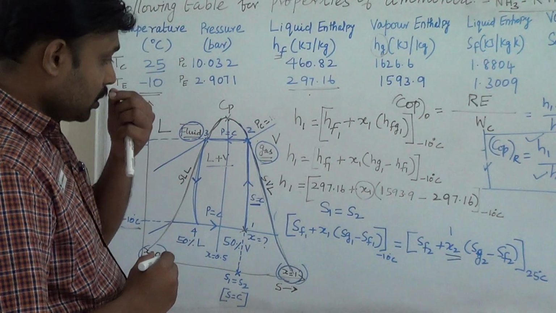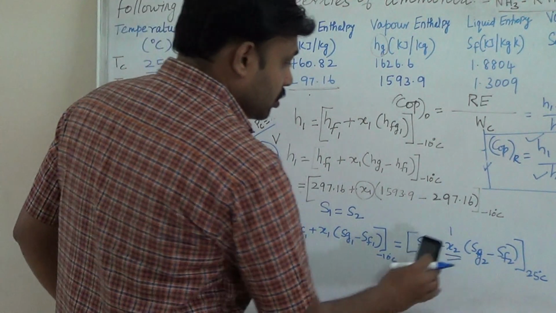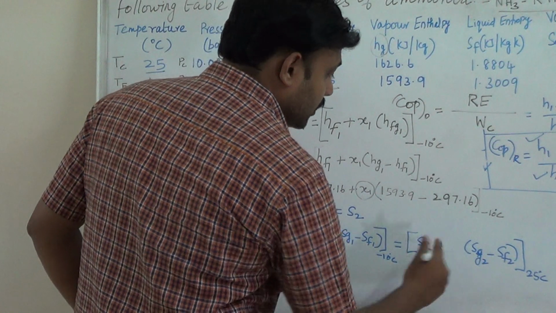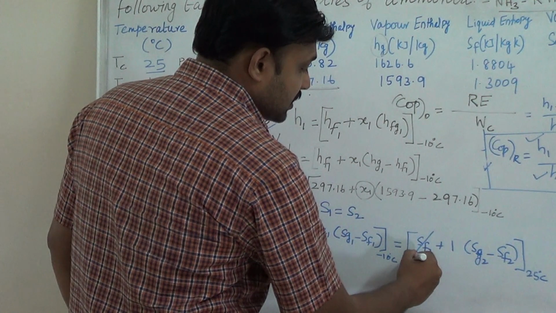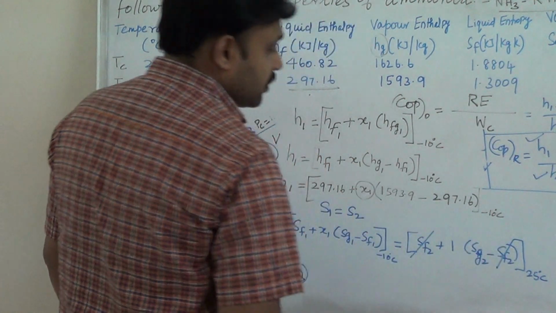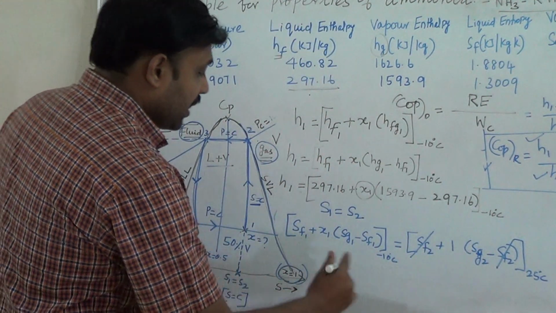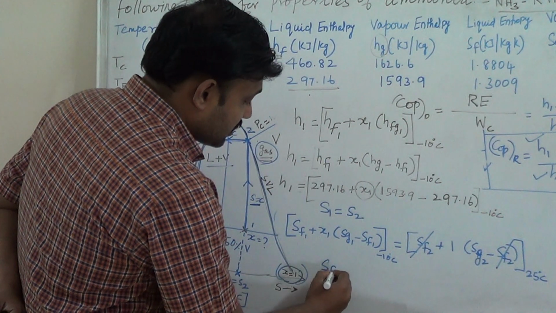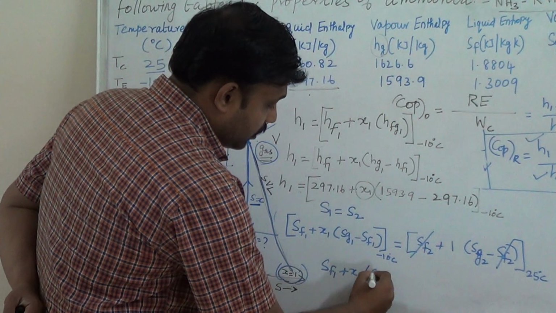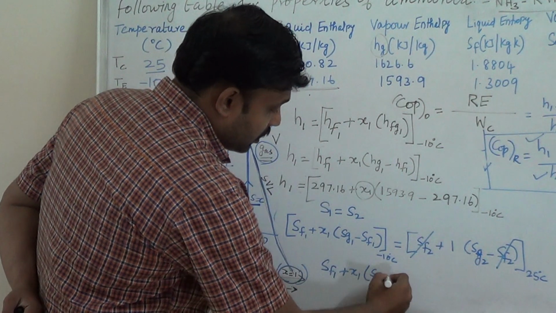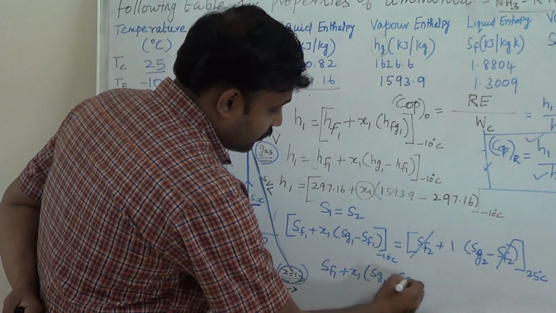If I substitute x2 as 1, so here this plus sf2 and minus sf2 will be cancelled. I will have the equation as sf1 plus x1 into sg1 minus sf1.